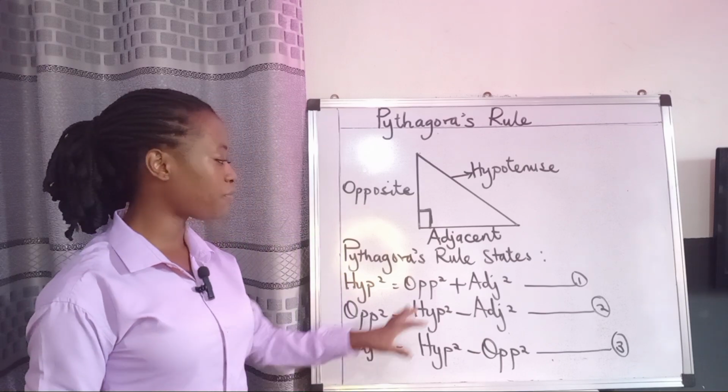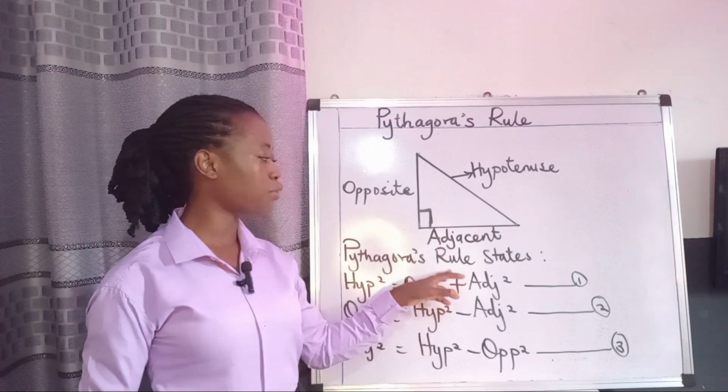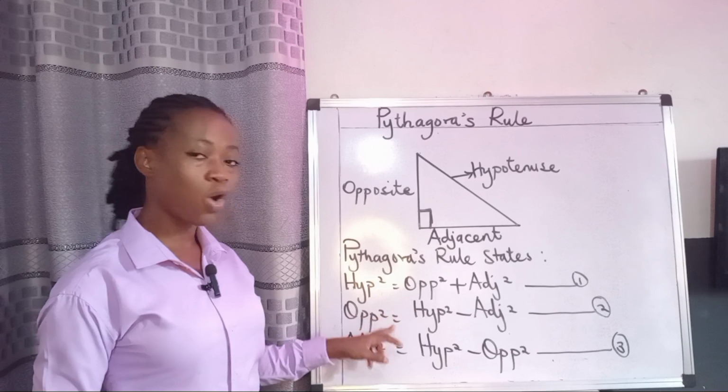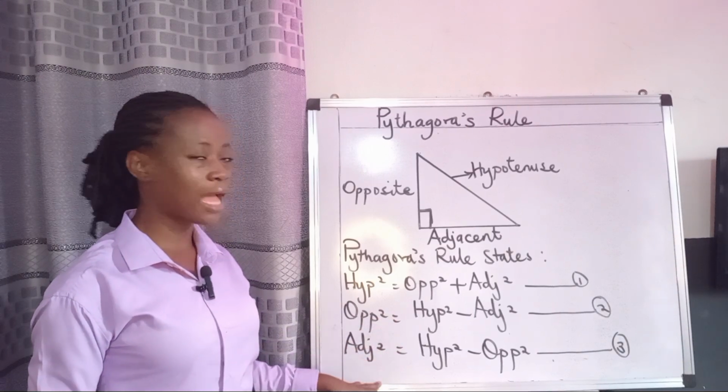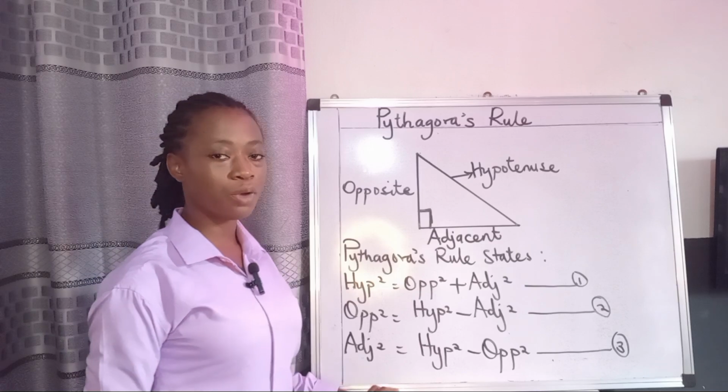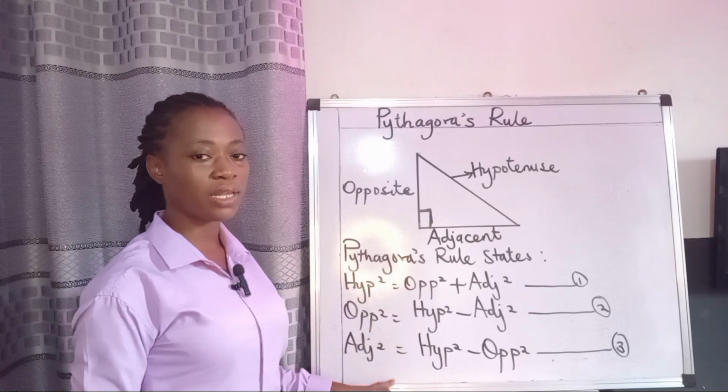So in summary, we have three rules of Pythagoras, okay? We have the hypotenuse, the opposite, and the adjacent. So this is what Pythagoras theorem or Pythagoras rule is all about.